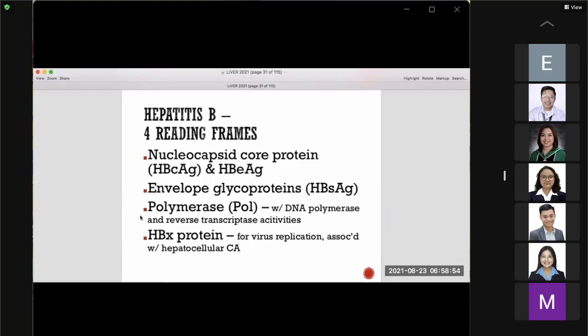They have this enzyme, the polymerase. Now it has DNA polymerase and reverse transcriptase activities. And we have the HBx protein. This is responsible for the virus replication, and it is found out to be associated with the risk for hepatocellular carcinoma.